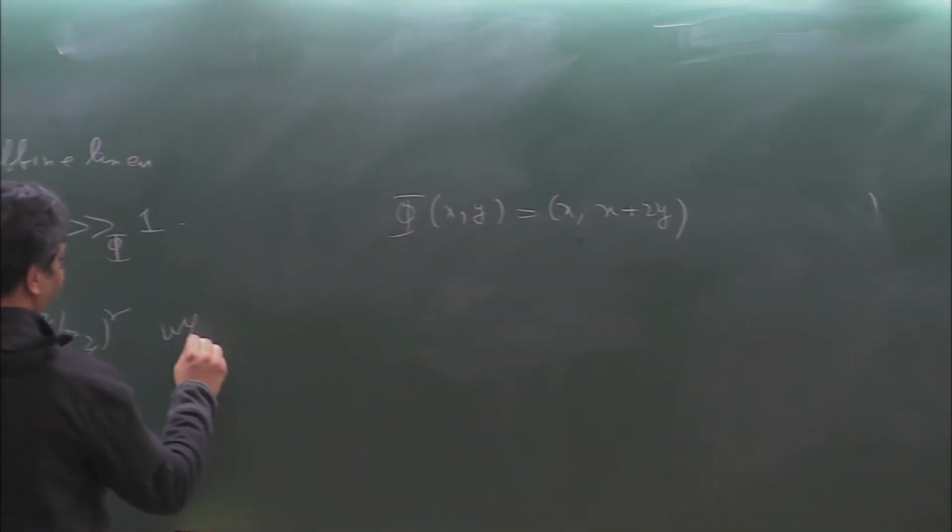So if p is sufficiently large, this will induce a map which is of finite complexity.